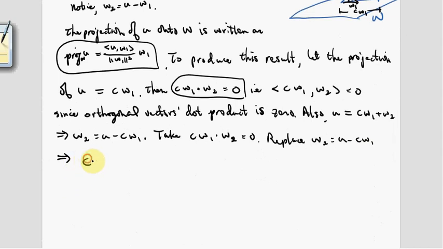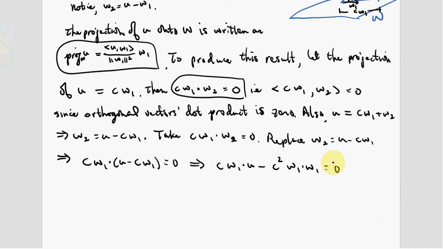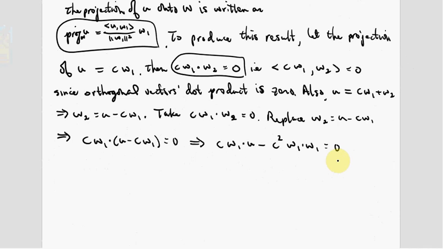This implies that C times W sub 1 dot product with U minus C times W sub 1 is equal to 0. Now simplify that. That implies here that C times W sub 1 dot product with U minus C squared times W sub 1 dot product with itself is equal to 0. Okay? So here, if I factor out a C, it is some scalar that's not 0.